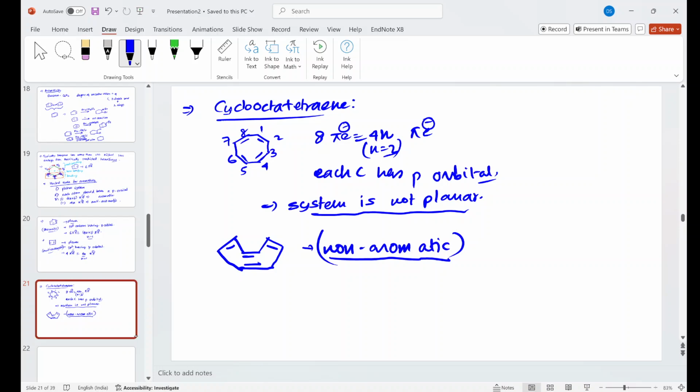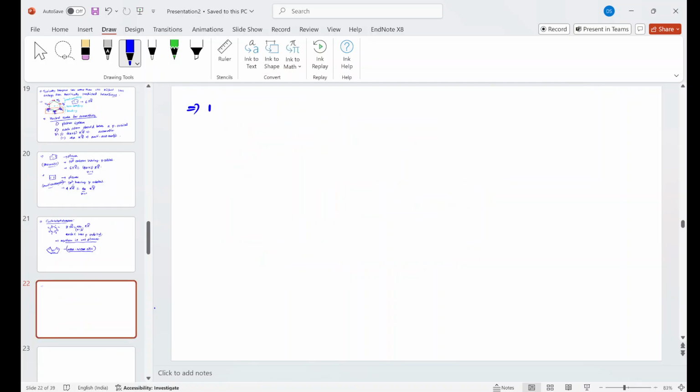Okay, so let us see some examples for heterocycles, where in the aromatic ring you have something that is not carbon, maybe oxygen, sulfur, nitrogen, something like that. So we can discuss some examples.